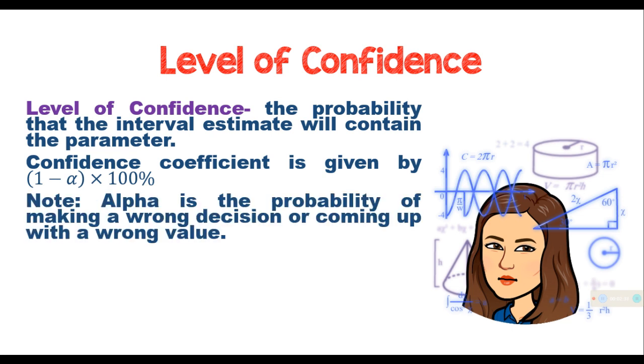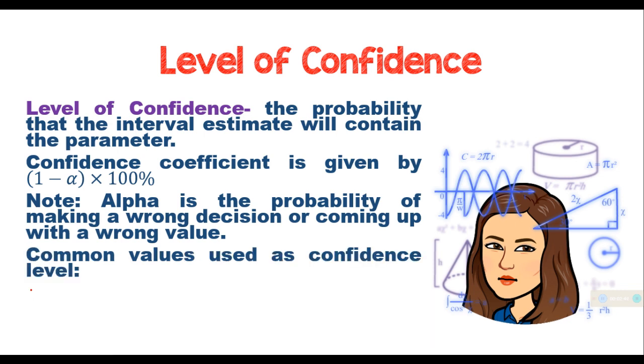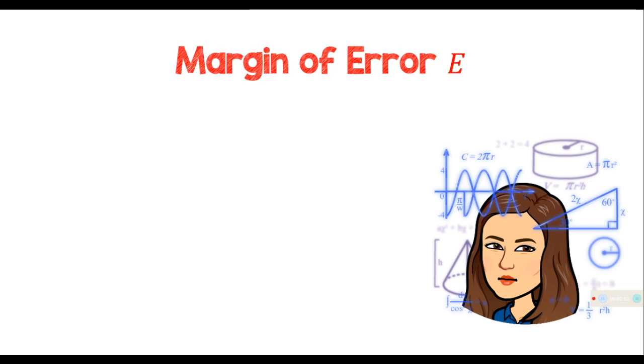Take note that alpha is the probability of making a wrong decision or coming up with a wrong value. Common values used as confidence level or confidence coefficient are 90%, 95%, and 99%.